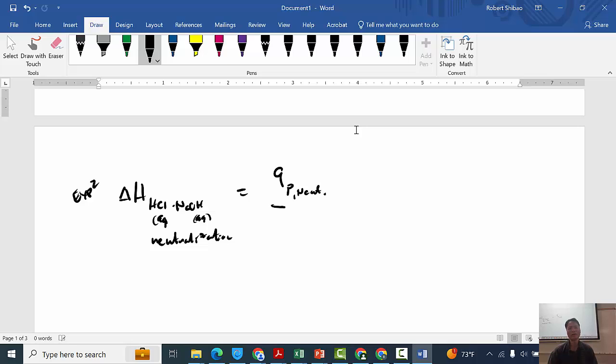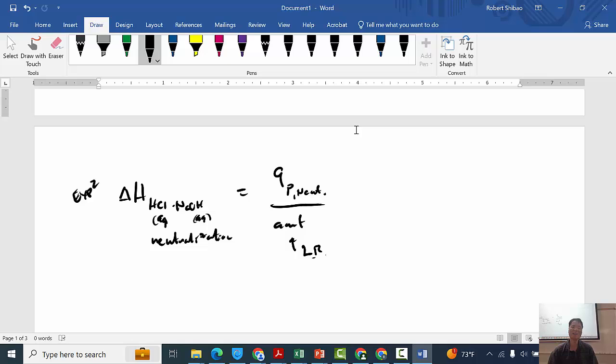We're doing it under coffee cup conditions over the amount. This one, we're going to do the amount of limiting reagent. What was the limiting reagent again? Sodium hydroxide.